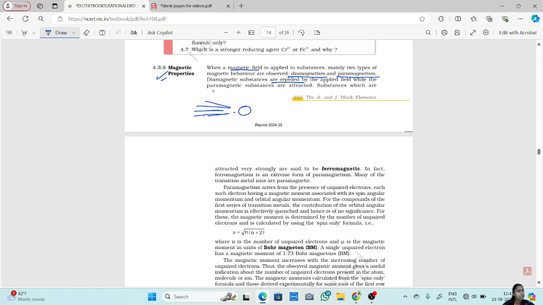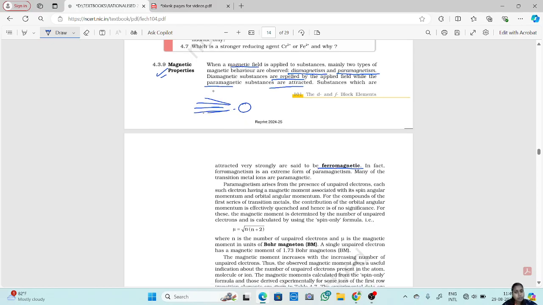For example, with two magnets, there is a force of repulsion, they repel each other. Similar thing happens with diamagnetic substances. Whereas paramagnetic substances attract the magnetic field. Substances which are attracted very strongly are said to be ferromagnetic.